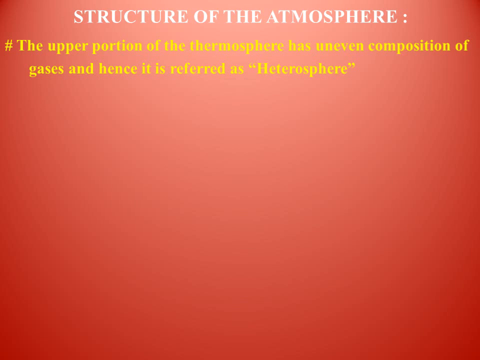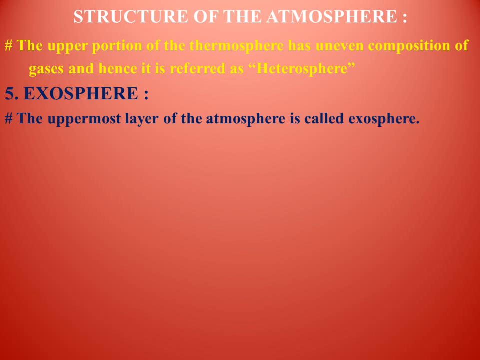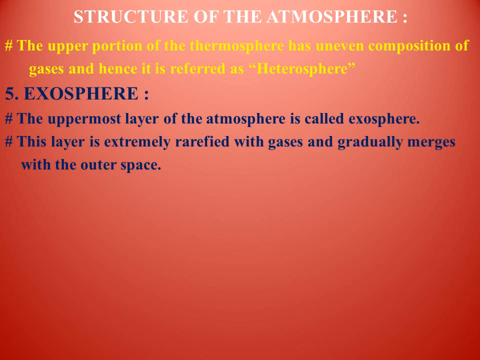The last of the structure of atmosphere is exosphere. The uppermost layer of the atmosphere is called exosphere. This layer is extremely rarefied with gases and gradually merges with outer space. This zone is characterized by aurora australis and aurora borealis.